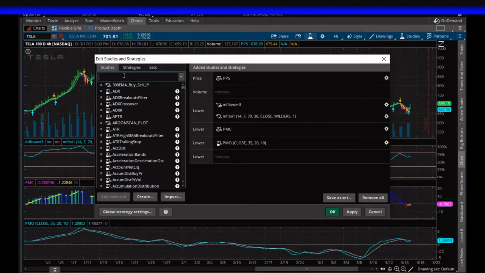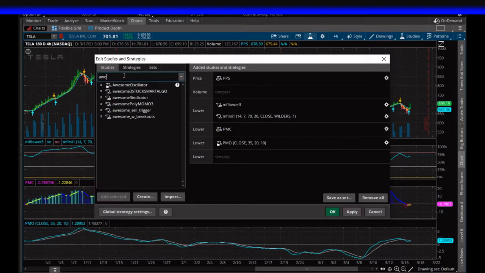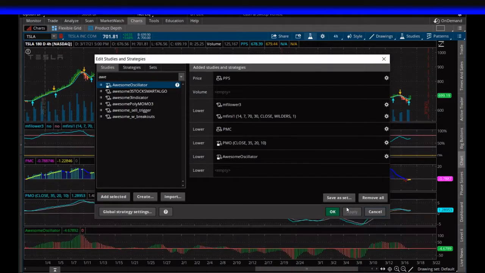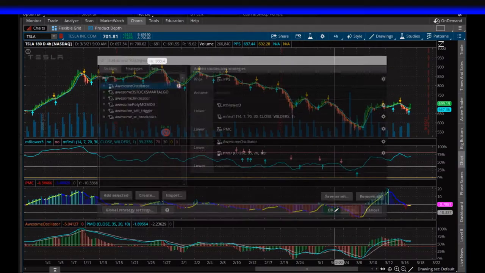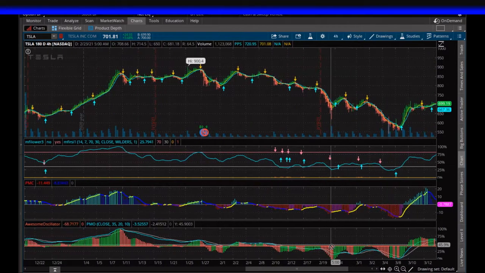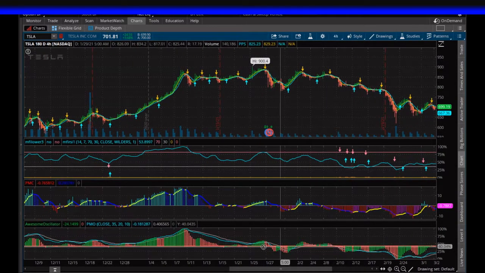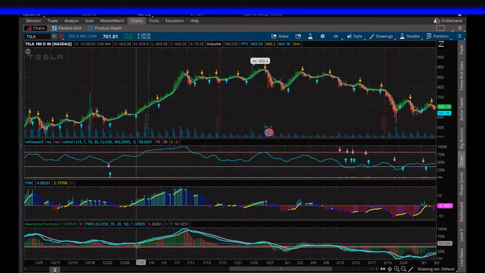So let's do this with, let's just say, the awesome oscillator at first. And we're going to stack that right on top of our PMO. So we're going to take our PMO and drag it down and drop it right on top of the awesome oscillator. Now with the awesome oscillator, we do get to see these periods of buying.